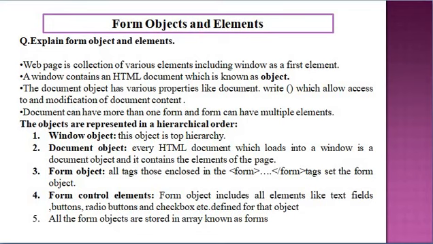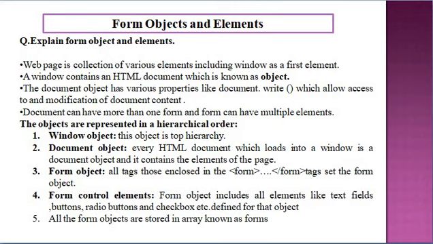Next is a form object. All tags that are included in a form tag set the form object. Next is form control elements. The form object includes all elements like the text field, buttons, radio buttons and the checkbox etc. defined for that object.